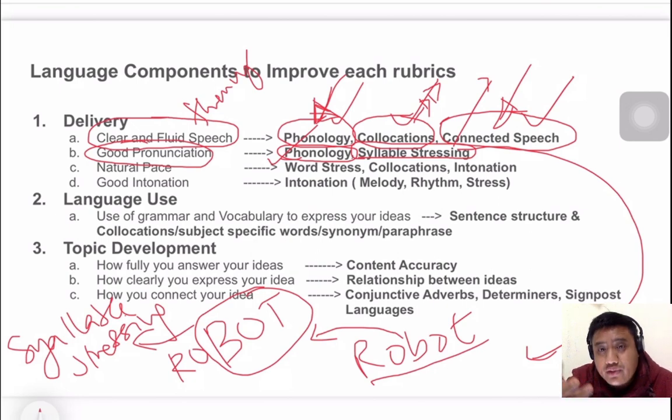And if you want to find out how many syllables a particular word has, you can do it like this. Just put your hand below your chin and try to say the word. Ro, bot, ro, bot, ro, bot. So your chin touches your hand two times, which means that particular word has two syllables. Get it?